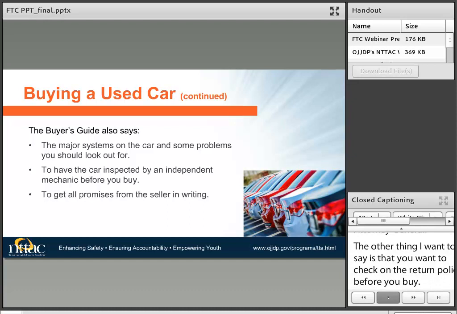I think another important consideration for anybody buying a car is to understand the difference between warranties and service contracts. So a service contract is a promise to perform or pay for certain repairs or services. And although a service contract is sometimes called an extended warranty, it's not a warranty as defined by federal law.